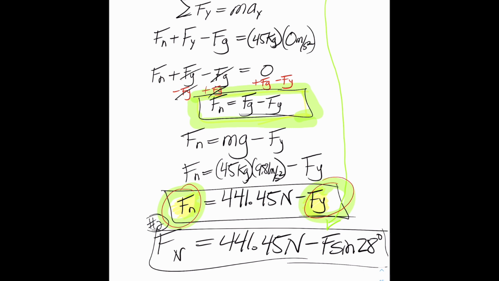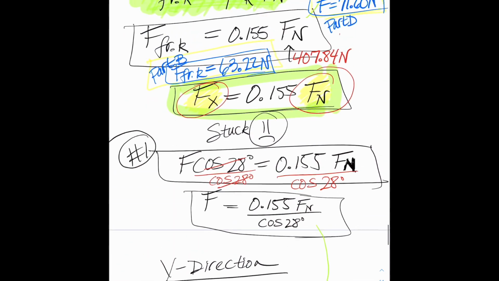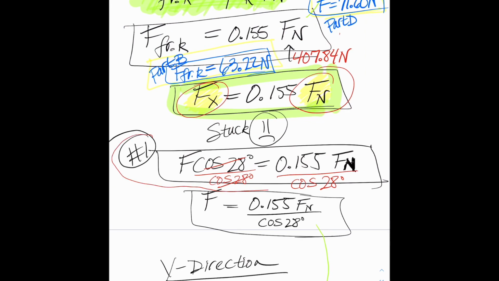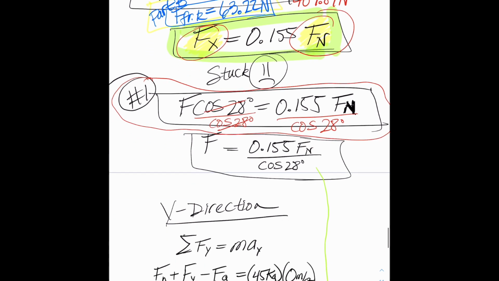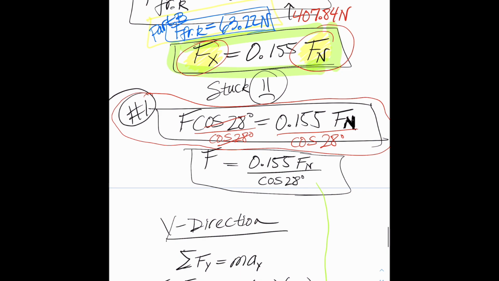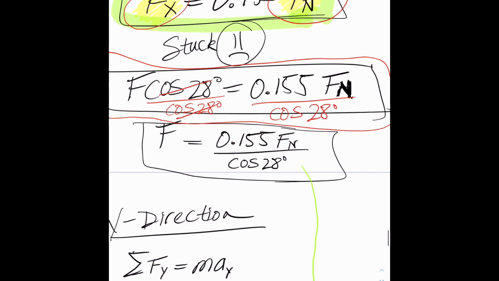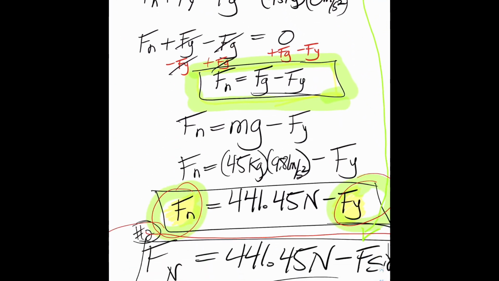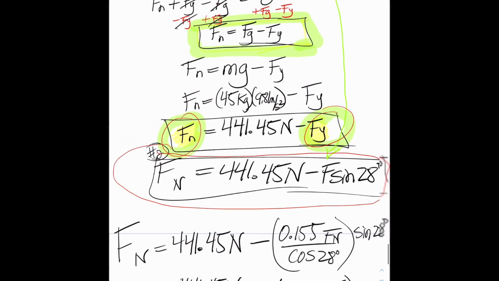We got it down to this equation, which only has Fn and F, and equation number 1, which only has Fn and F. And we did that by using SOHCAHTOA, rewriting Fx and Fy in terms of just F, and then sub and solve. We wrote an expression for just F and subbed it in down here.